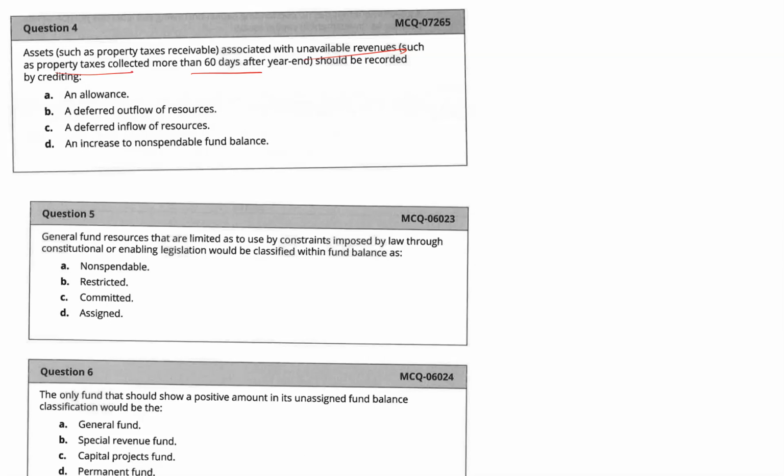Here, if you have any property tax receivables that will take more than 60 days to collect, you cannot record that part as earned tax revenue. So in that case, you have to show that part as a deferred inflow. Deferred inflow is not a part of your recognized or earned revenues, rather it's kind of in between liabilities. So we put it next to the liabilities, but we move that part from our revenues and we call it deferred inflows of resources.